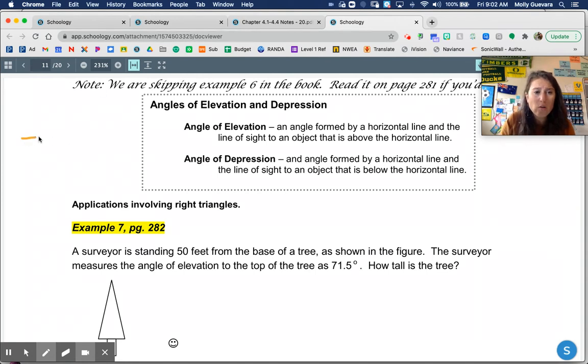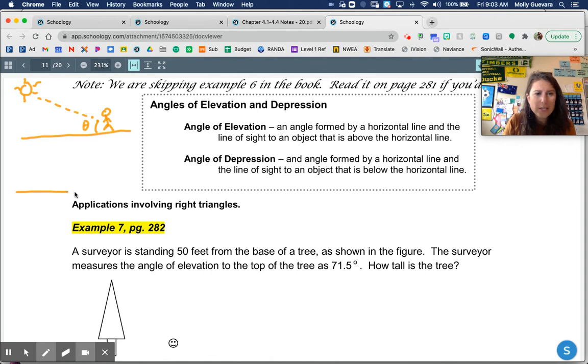So if I have a horizontal line, like let's say the ground, here's my little dude, and it's usually to the sun or to the top of a building or something, right? There's the sun. The angle of elevation here is coming up from the ground. It always has to come from a horizontal line. Same thing with the angle of depression. It's always from a horizontal line. So that would be the angle of elevation to the sun.